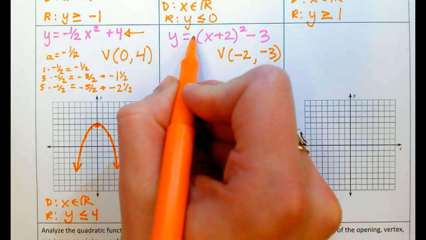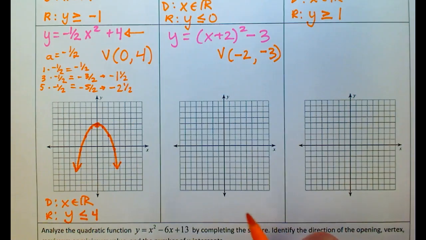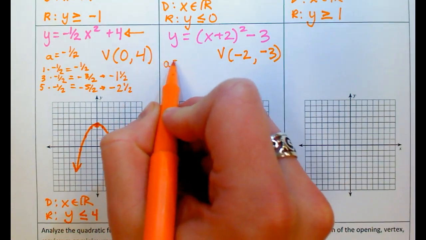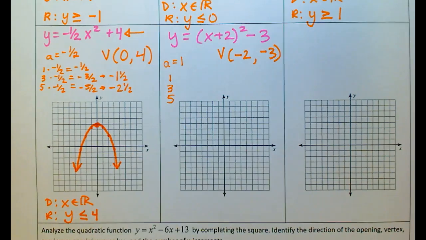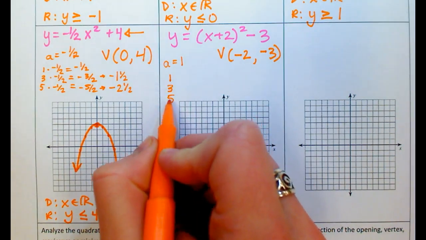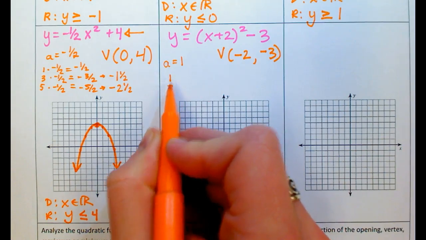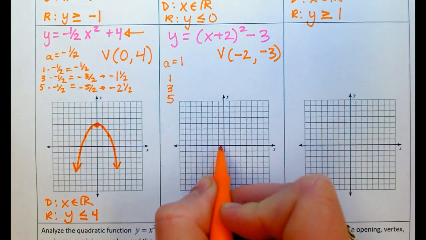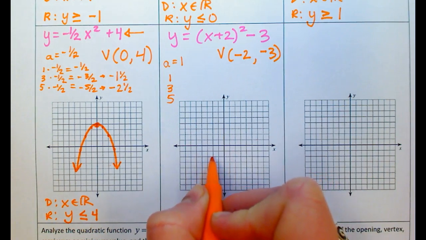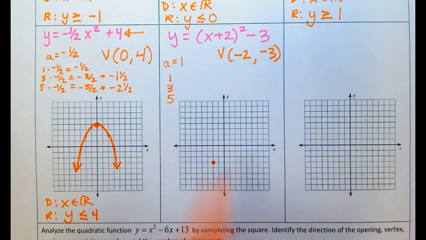The next thing I'm going to notice is this time my a value is equal to 1. So my 1, 3, 5 pattern won't change, because if I multiply each of these by 1, I'm going to get 1, 3, and 5. So if I graph my vertex, -2, -3, my 1, 3, 5 pattern is positive.